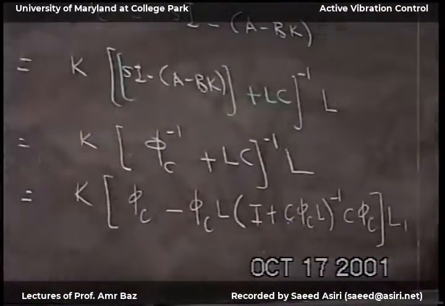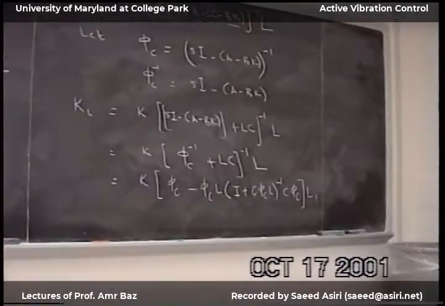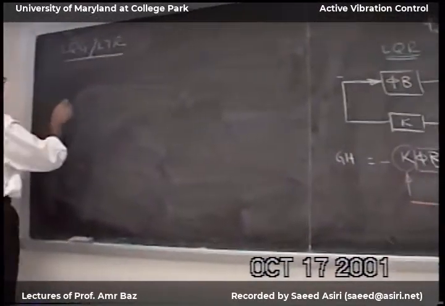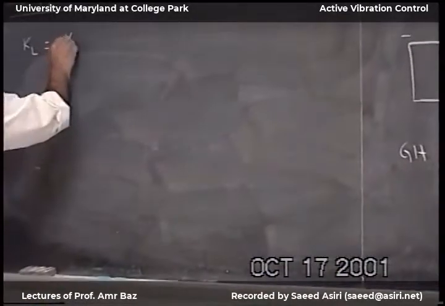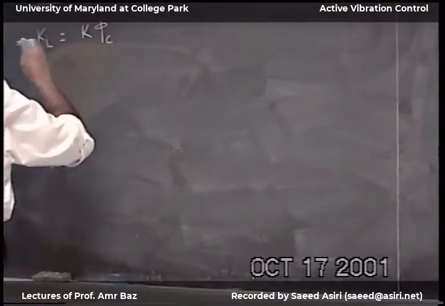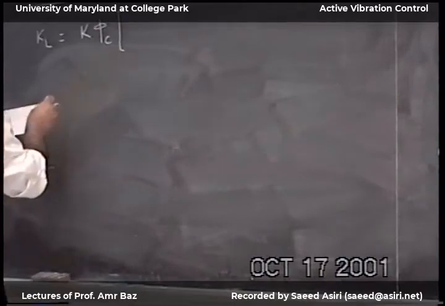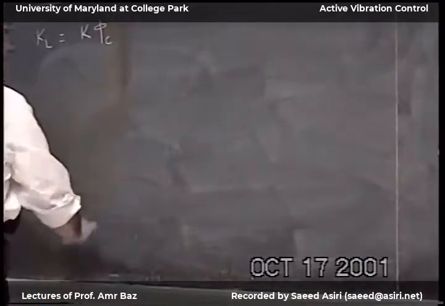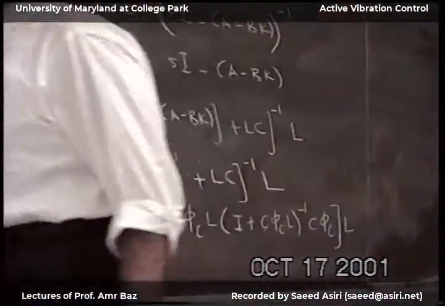And now we can clean this. And then KL will equal to, again, K. And then I'll factor phi C here. And then also I have the L here. I'm going to factor this out also there.